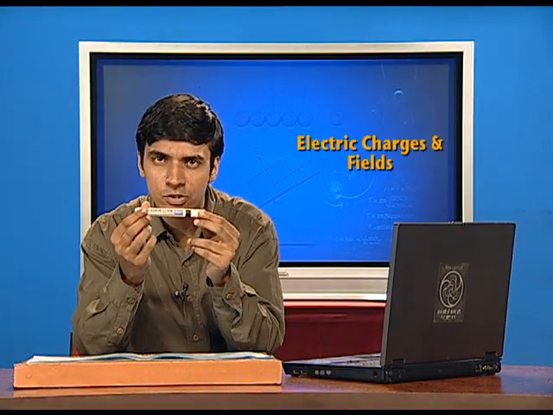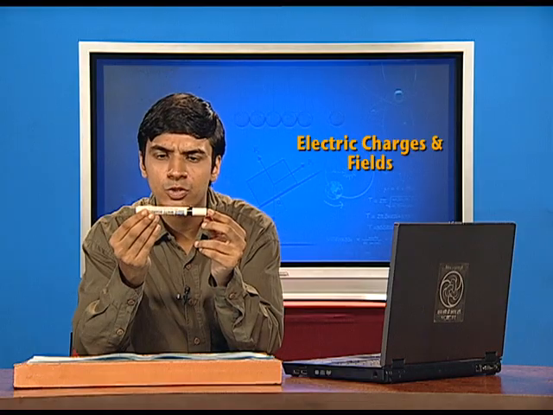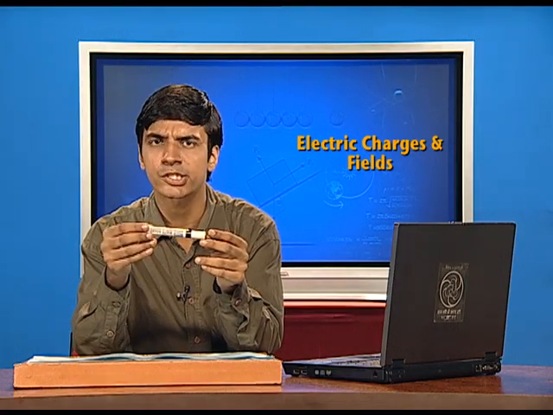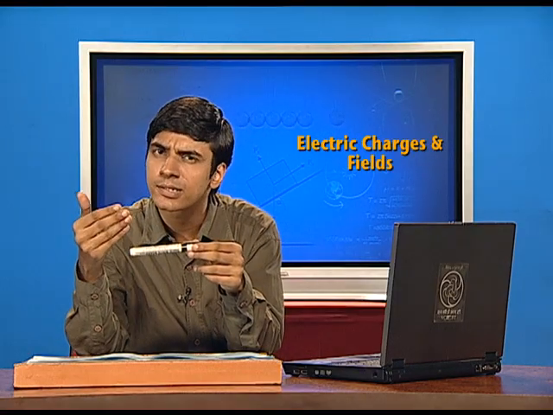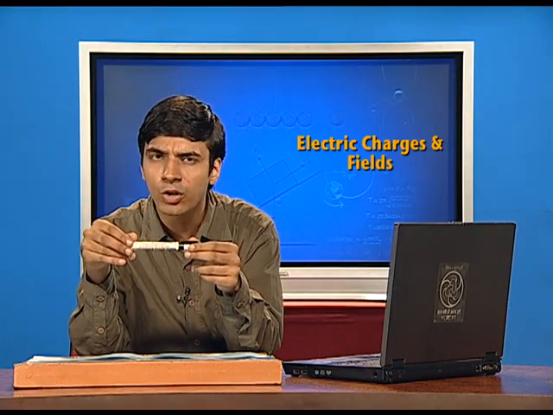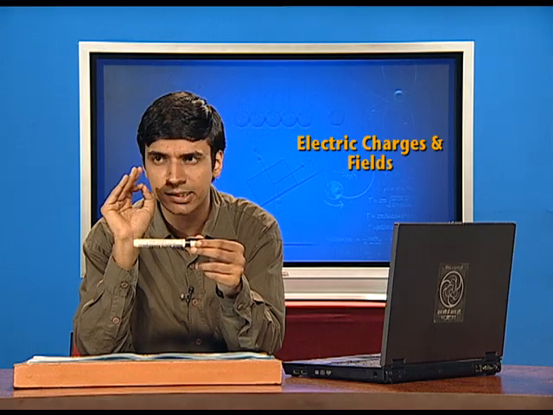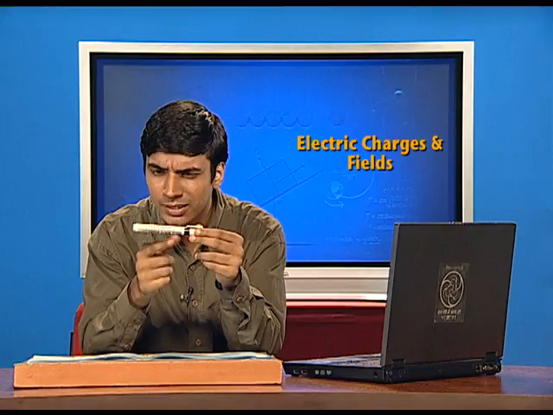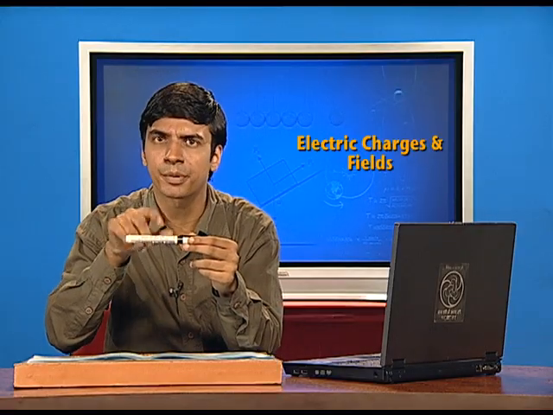Now for an example, if I take this pen into consideration and I want to know the electric field due to the charges here, I cannot know where exactly the electric charges are. I can only say they can be here, some of them may be here, some of them may be here.